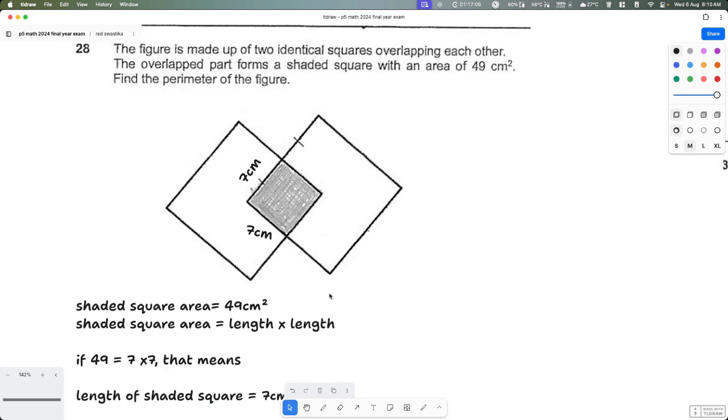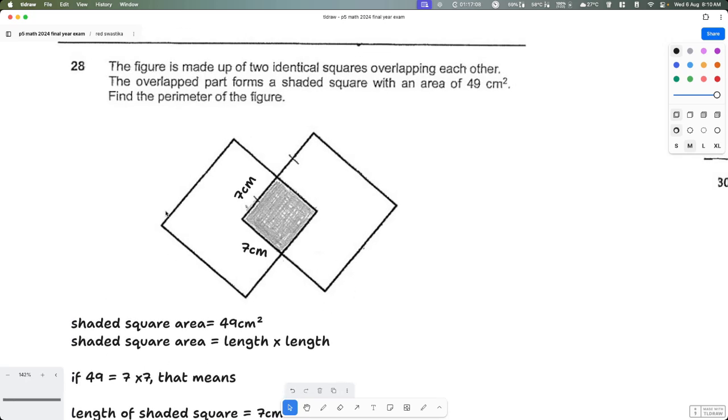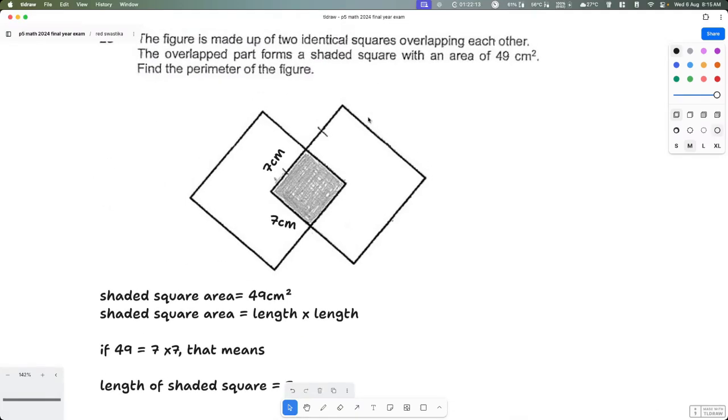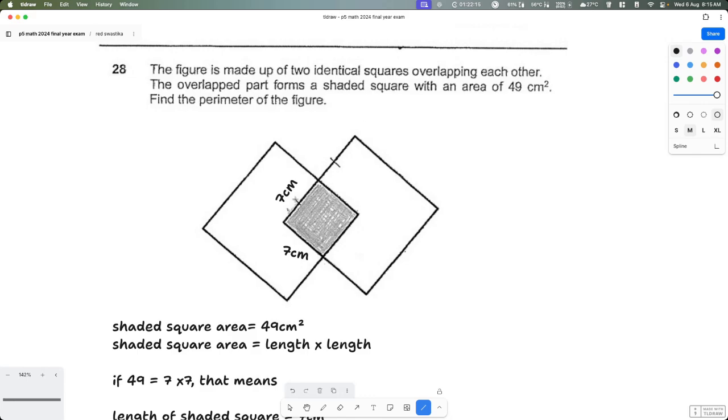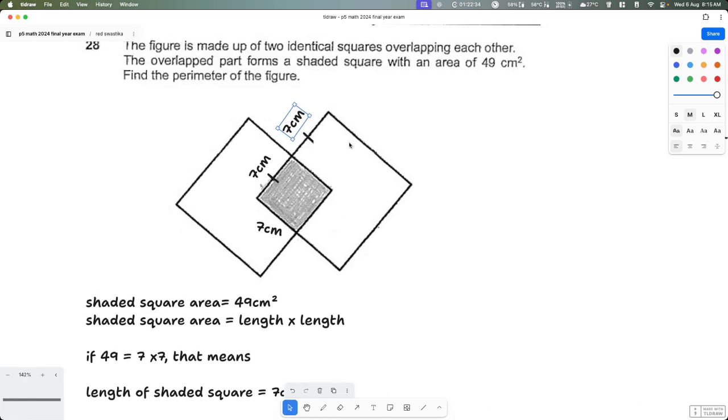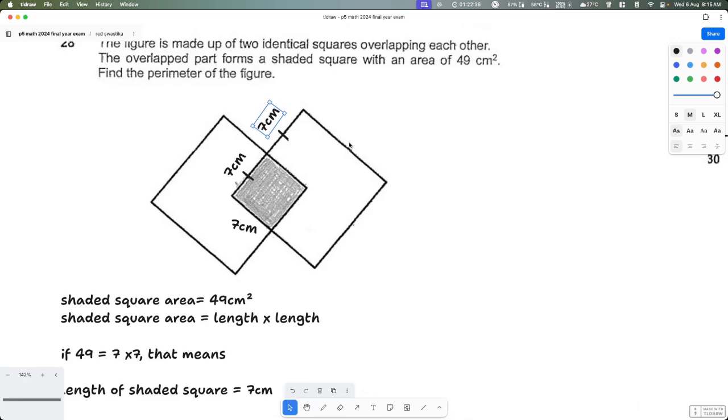So find the perimeter of the figure over here. It's not really clear on this question, but there are these two lines over here, 1 and 2. So I'm just going to draw another line here. That means these two things are equal. I'm assuming this is equal to make this question easier to do, because otherwise it's not really easy to do.